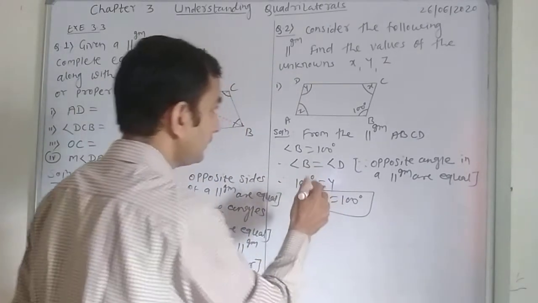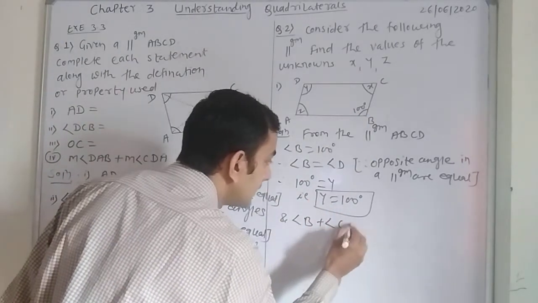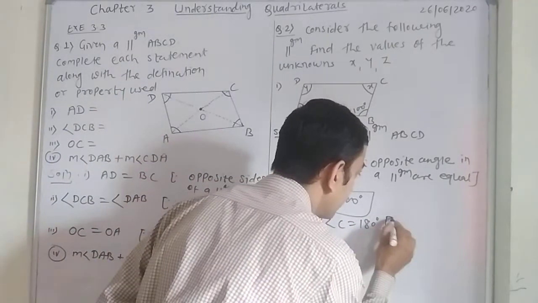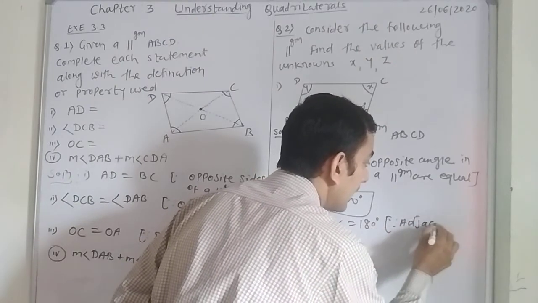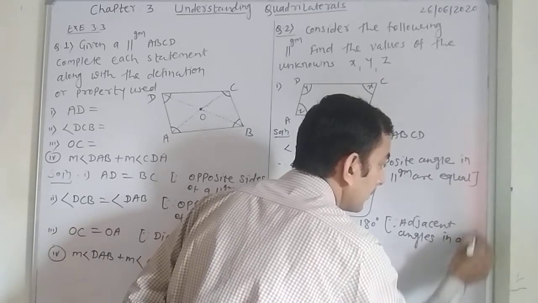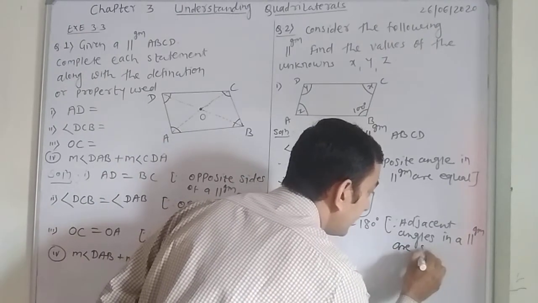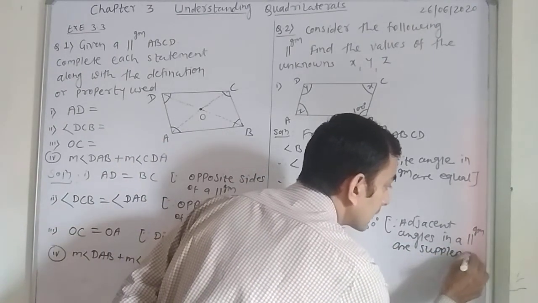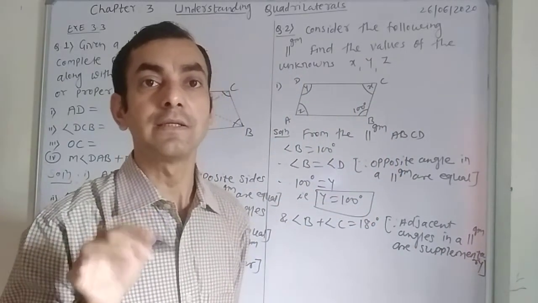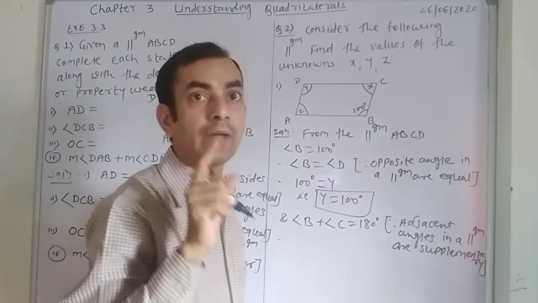And the second one, and this angle B plus this angle C equal to this 180 degree. These are adjacent angles, since, writing here the reason: adjacent angles in a parallelogram are supplementary. The adjacent angles in a parallelogram are supplementary. Therefore, angle B plus angle C both are the adjacent angles.